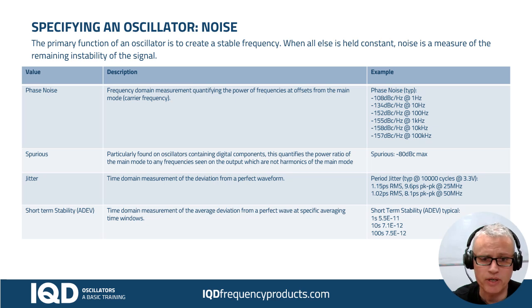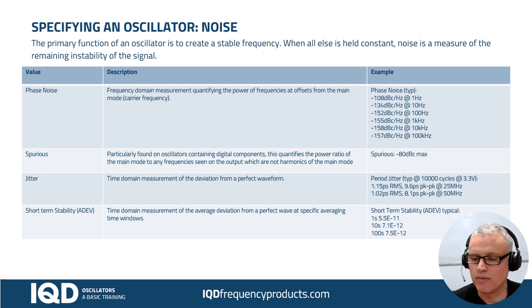And the last one I wanted to cover in this slide is Allan deviation. Allan deviation is a complex way to look at the short-term stability of an oscillator. It's a mathematical function used on large amounts of time domain measurements where we measure the noise of every repeating cycle, and we look at it statistically, and it gives us a figure that we can use to compare one clock to another and say, is this one as good as another one, even though there might be different frequencies.